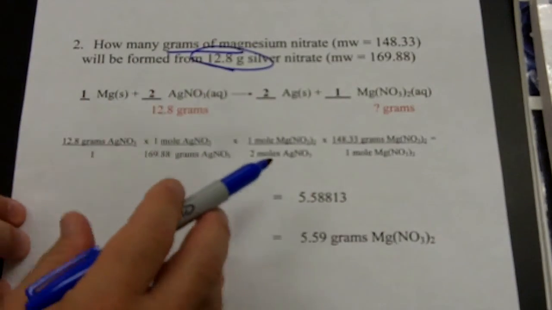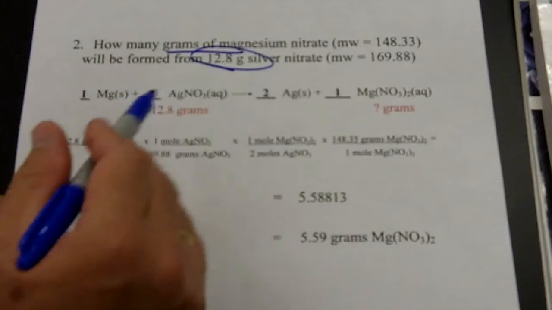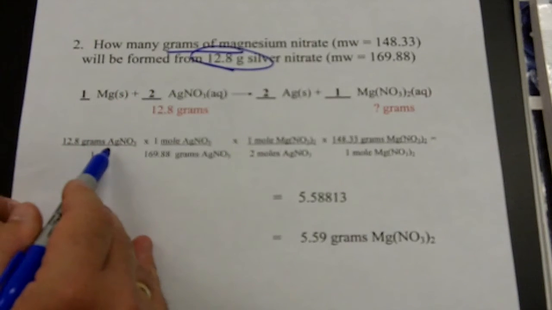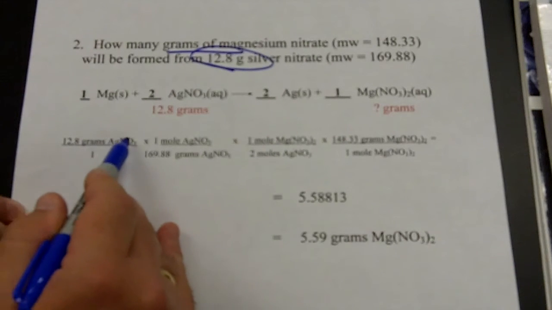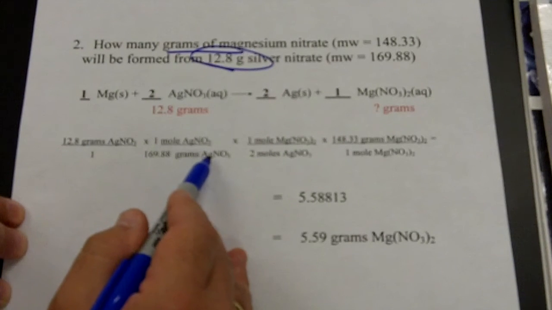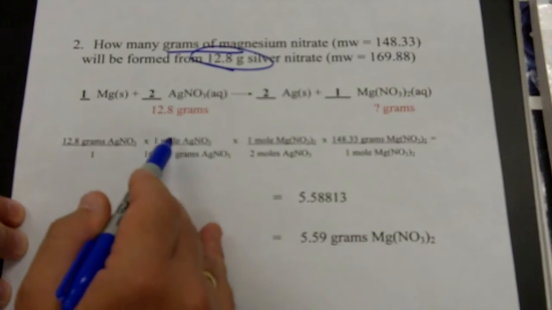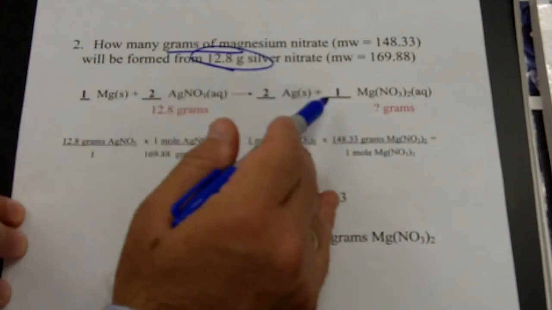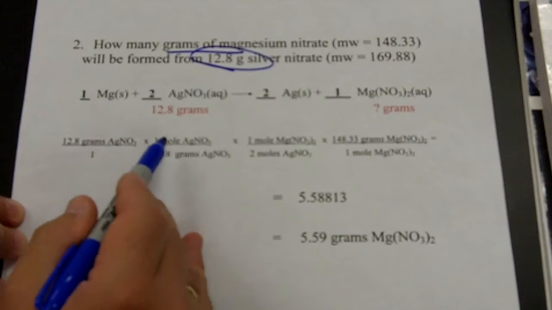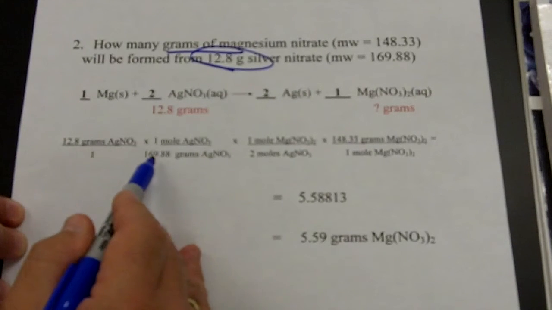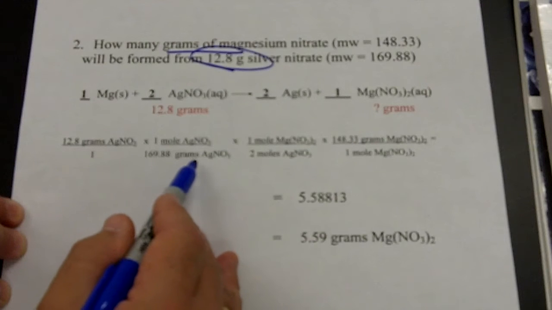So what I'm going to do is write what I know, 12.8 grams of silver nitrate, over 1 times whatever unit is on top will go here. That's grams of silver nitrate. I need to get into the mole mode so I can navigate across this arrow. So they're telling me that 1 mole of silver nitrate has a molecular weight of 169.88 grams.